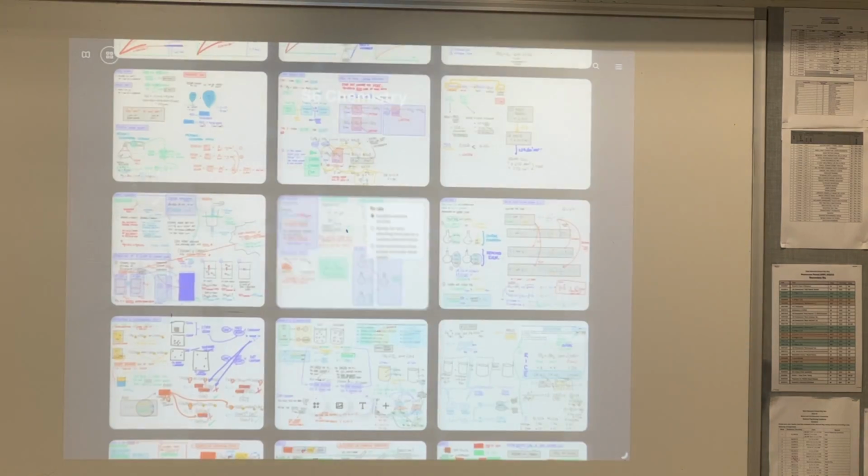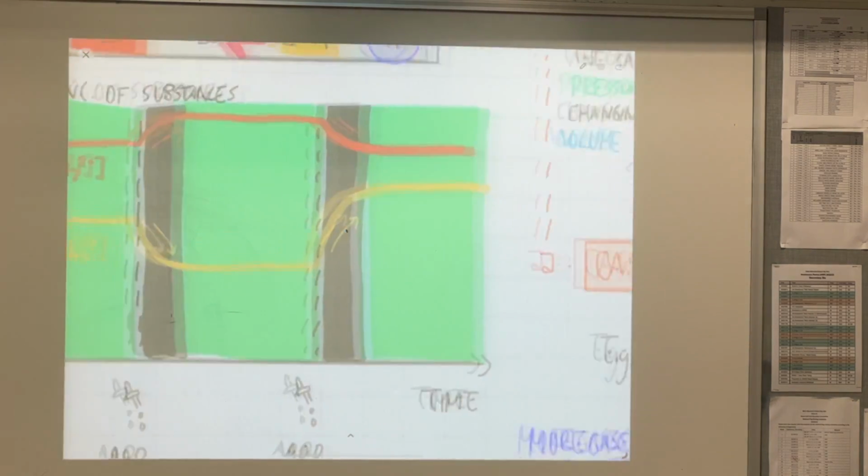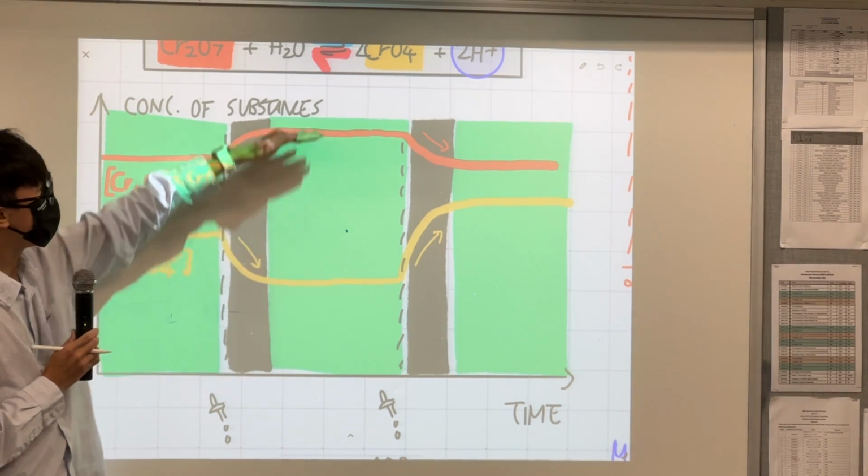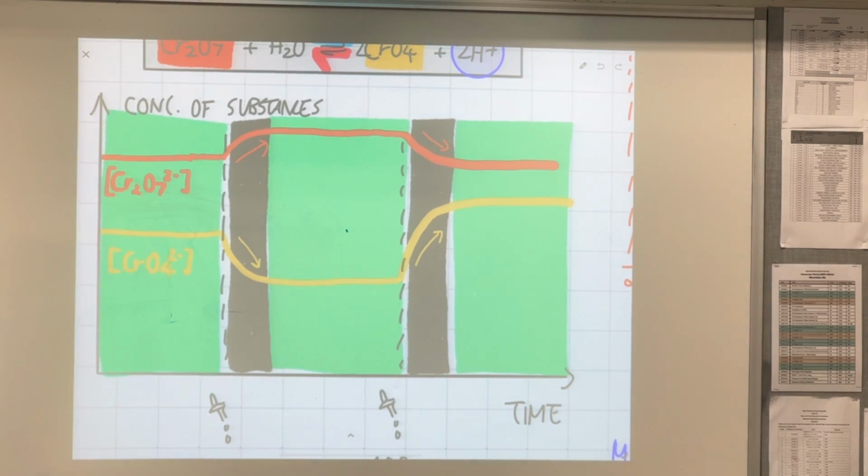If we are to show this in the form of a graph, this is the equilibrium state. So how many states of equilibrium do you have here? Three. This is when the concentration remains constant, so this is the state of equilibrium. In the middle you see another state, and finally you see a third state.